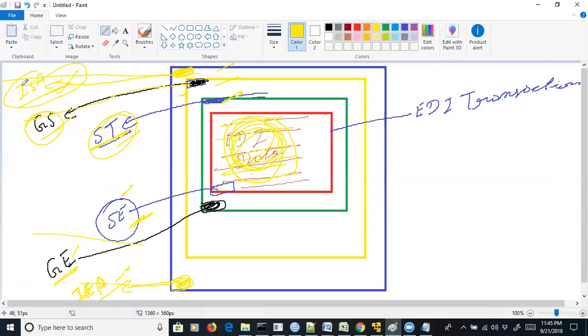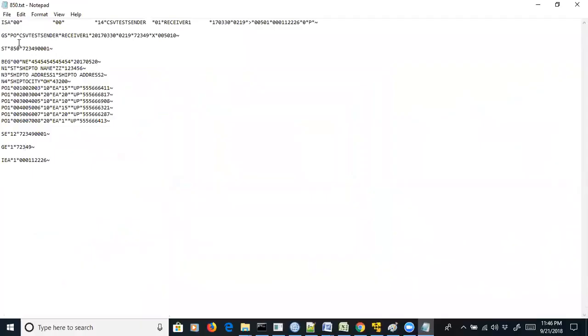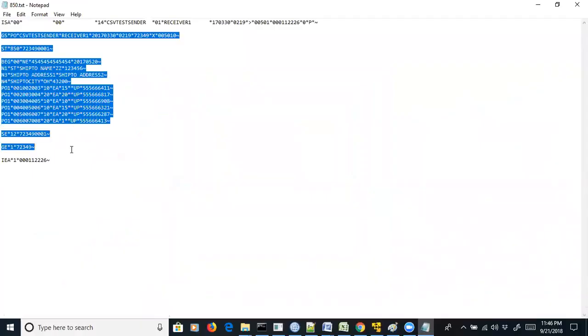Your interchange envelope can surround multiple functional group envelopes, which means something like this.